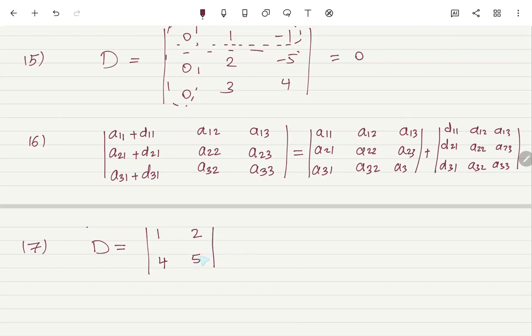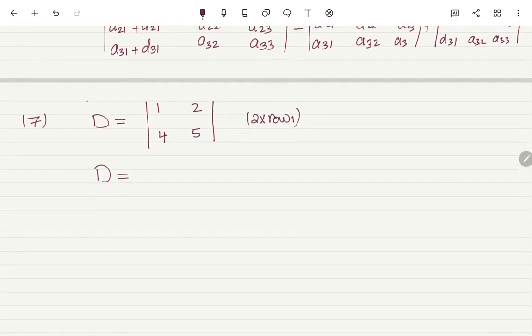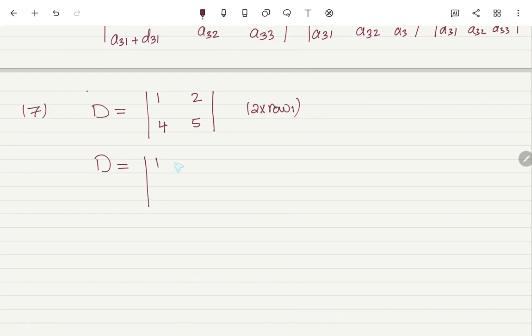If we add to row number 2 two multiplied by row 1, in other words, D equals 1, 2, and you would like to add double row 1 to row 2. So 4 plus 2 times 1 and 5 plus 2 times 2.